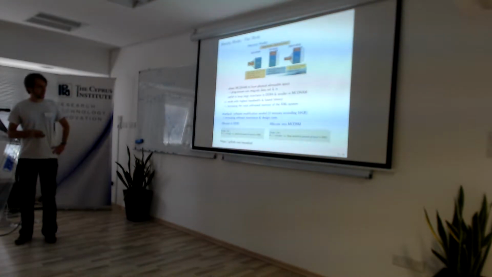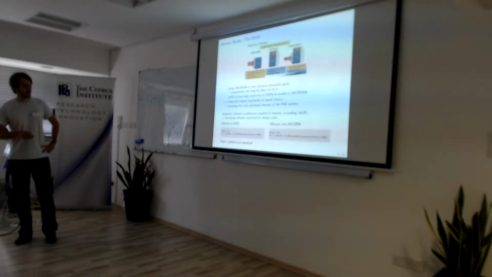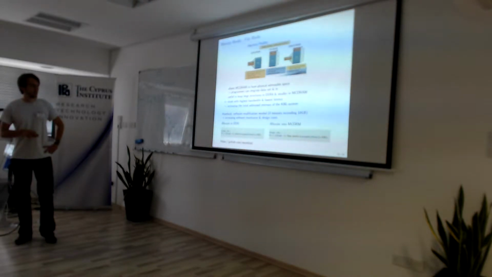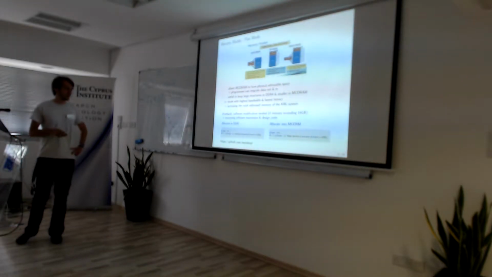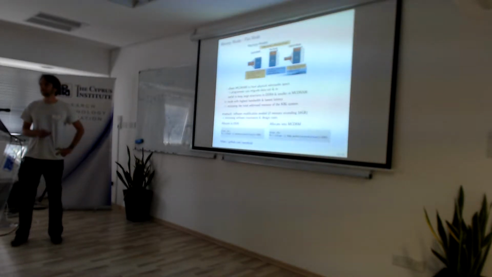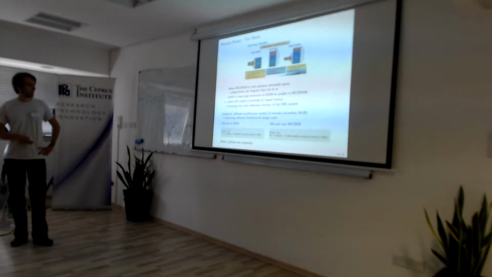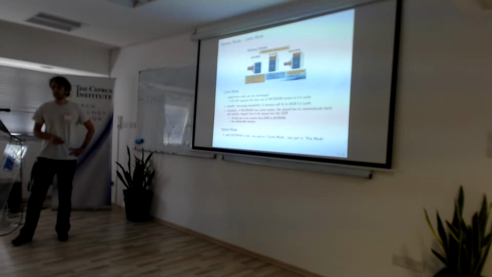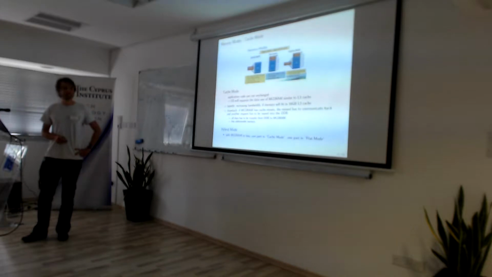Maybe it's called hbw_malloc, to allocate memory in your MCDRAM, and just a normal malloc to allocate memory in the DDR. Which means that to optimize in this mode, you have to invest money and time. Okay, then the other memory mode is the cache mode.